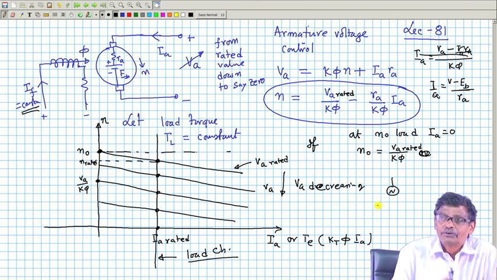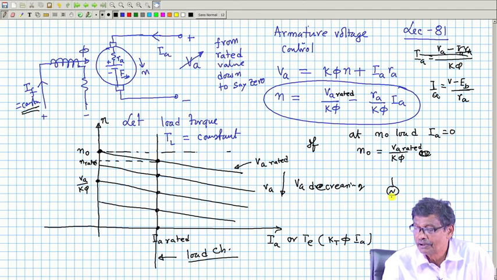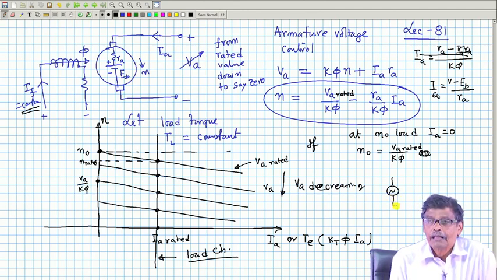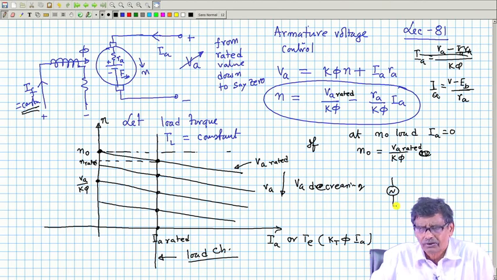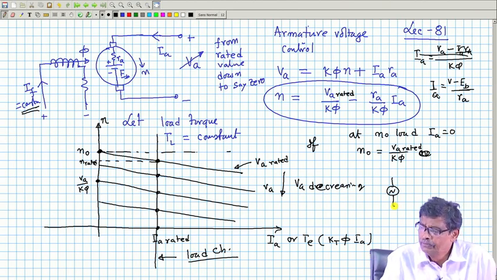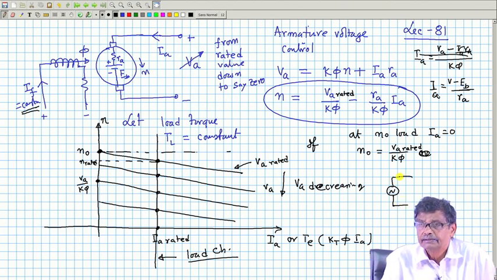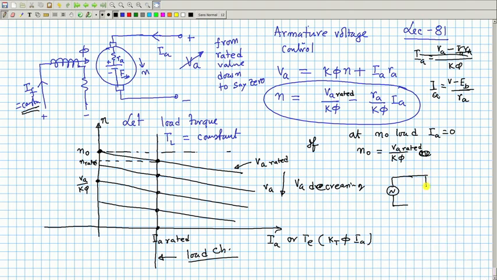This armature control, what you do, your AC supply is there, because I told you DC generation is also not there. So, what you will be doing, AC supply is there, use a controlled rectifier block, and get variable DC here.